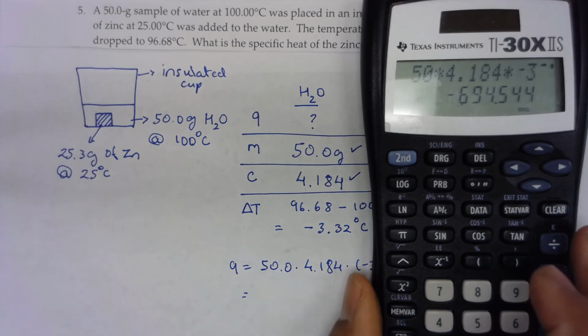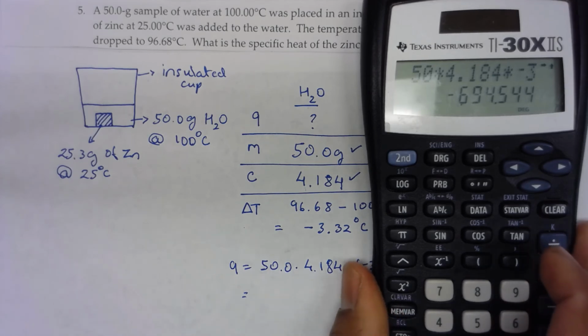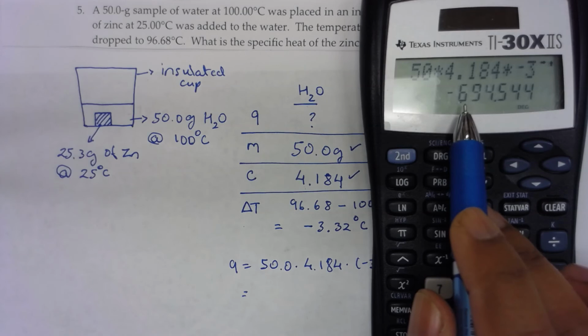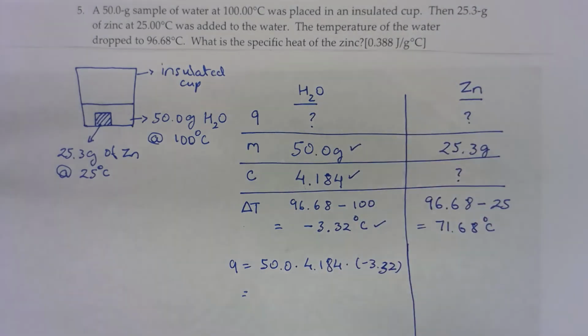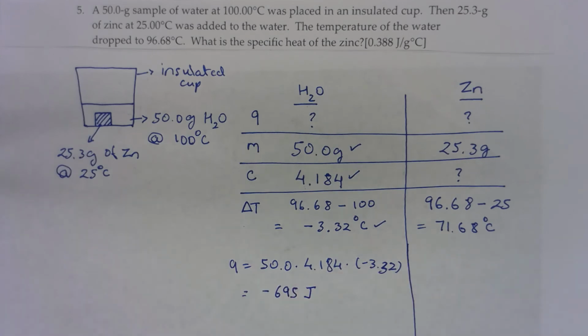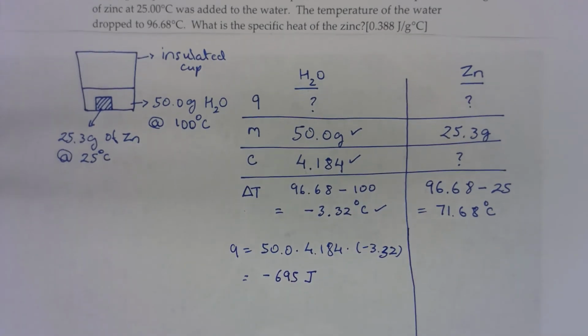So negative 694.54. We can only have 3 sig figs, so we will round this to negative 695 joules.